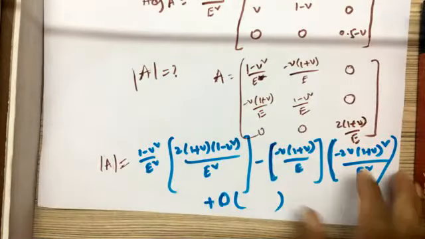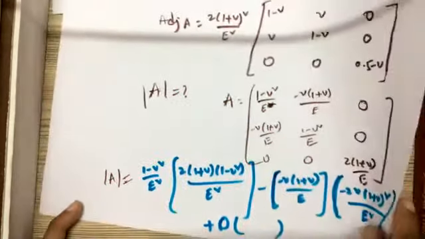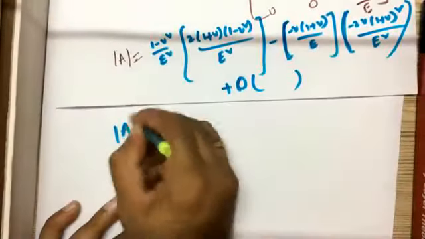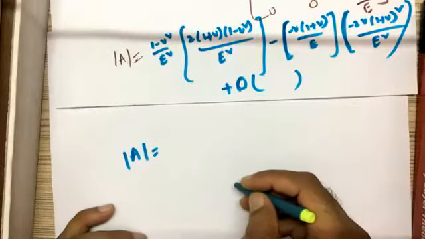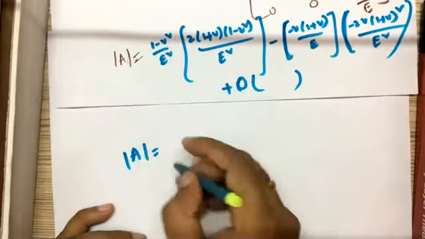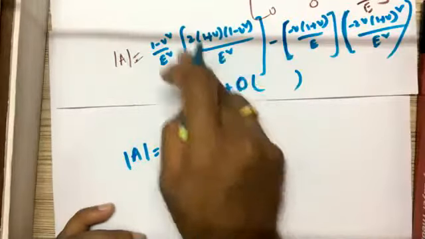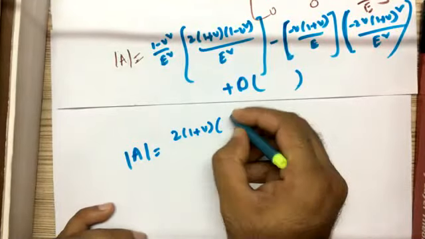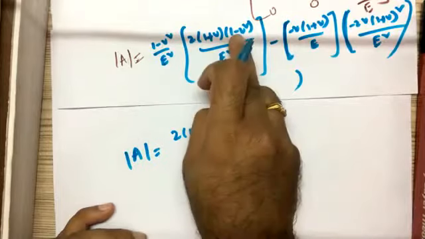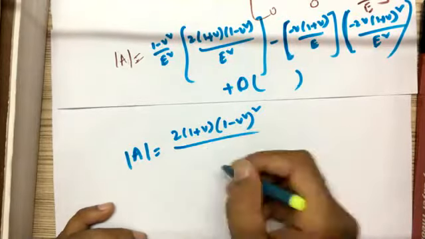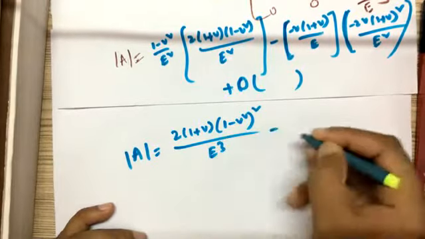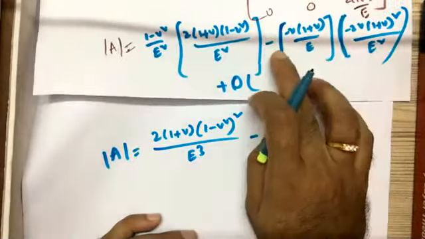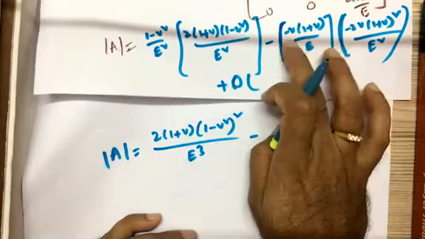So if you simplify this, what you'll get? That A is equal to, from here, multiply this term with the first term. What you'll get? 2 into (1 plus nu) into (1 minus nu square) into (1 minus nu square), that is (1 minus nu square) whole square divided by E cube, minus into minus plus, minus into minus plus, plus into minus minus.